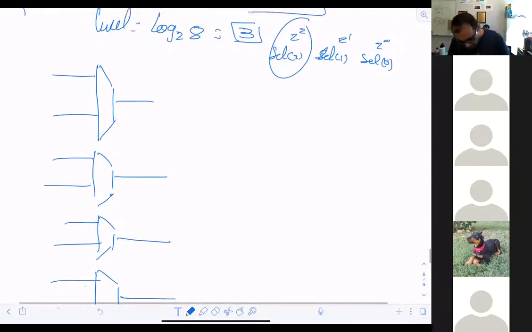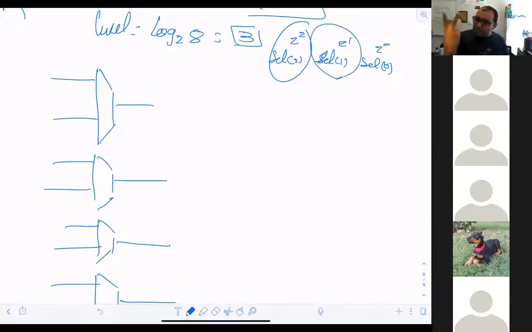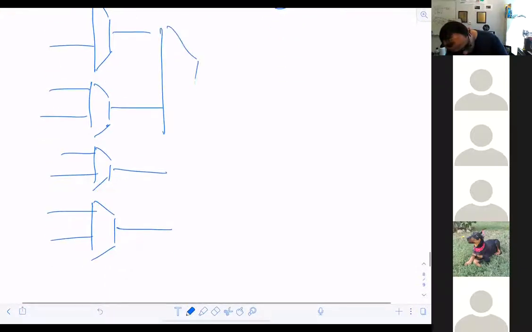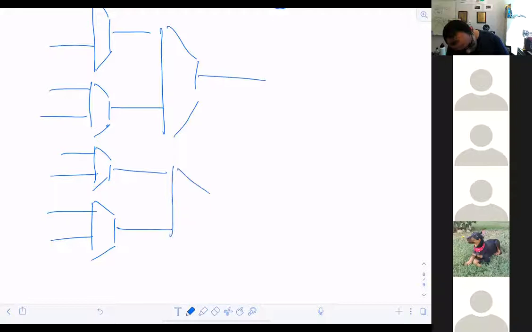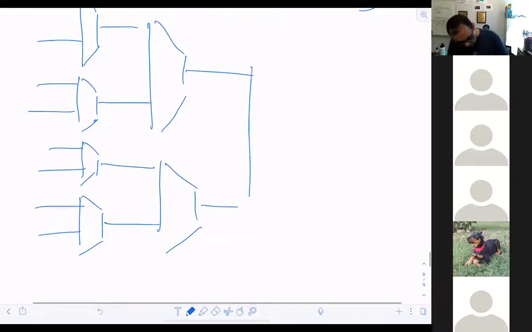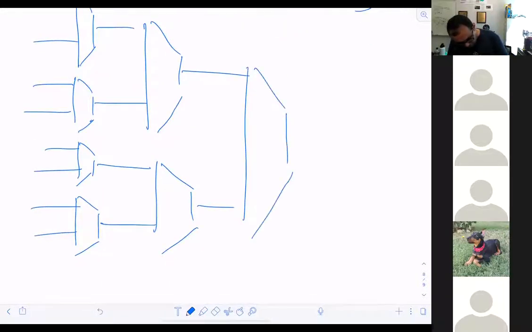In level 1, I need 2. Yes, makes sense too. You know why? Because see, 1, 2. In level 0, 2 power 0 is 1. Literally, I need 1 here. You agree?